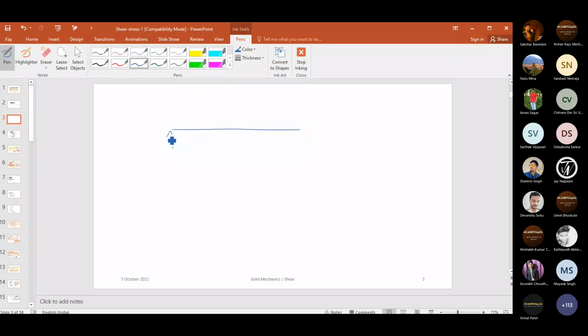Now, what we will do is, let's say a simply supported beam, subjected to uniformly distributed load q. q is not a function of x. Naturally the length is L. If you draw the bending moment diagram, then this will be parabolic.